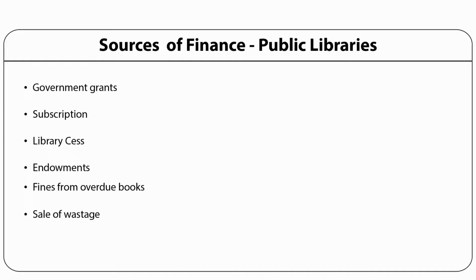So sale of waste is another source of income for libraries. And lastly, receiving free publications. Free publications are made available for a large number of libraries, and besides this, many publications can be acquired on exchange basis as well.